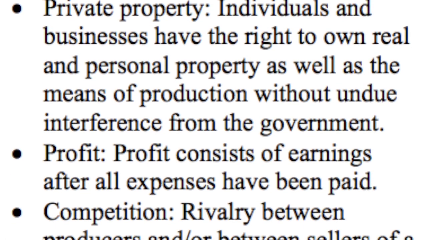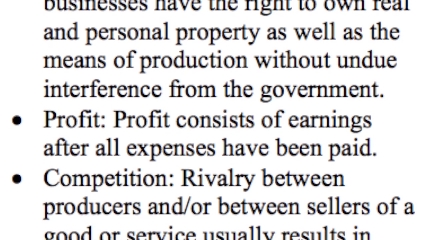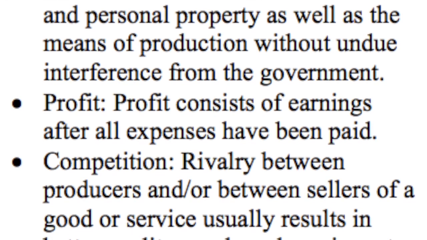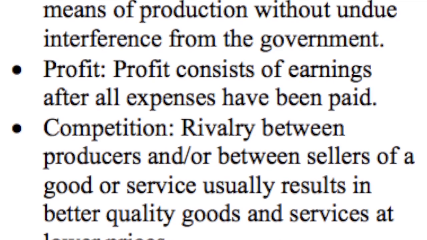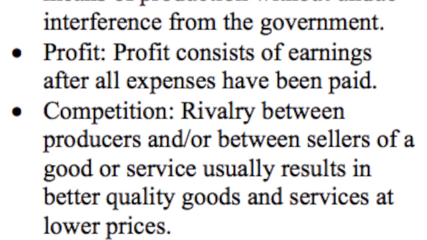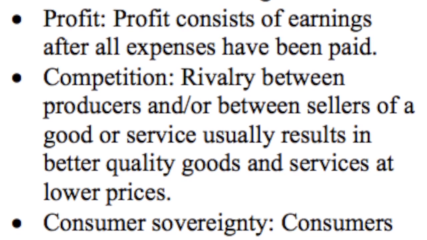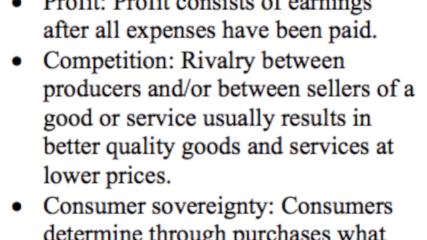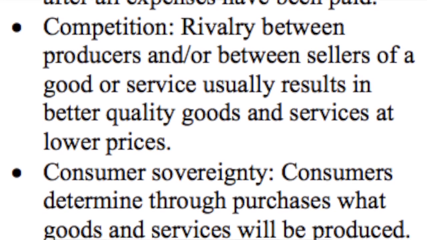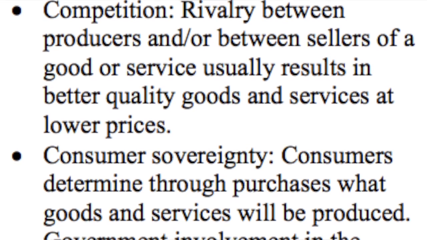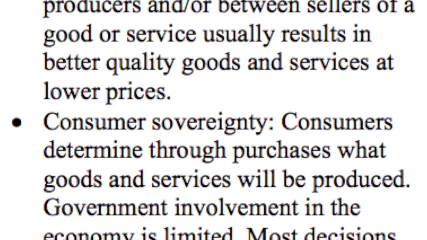The next characteristic of the United States economy is that it focuses on profit, and profit consists of earnings after all expenses are paid. Another characteristic is competition, which is the rivalry between producers and or between sellers of a good or service, and usually results in better quality goods and services at lower prices.